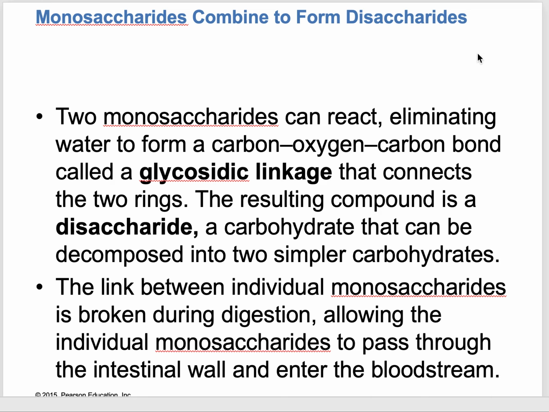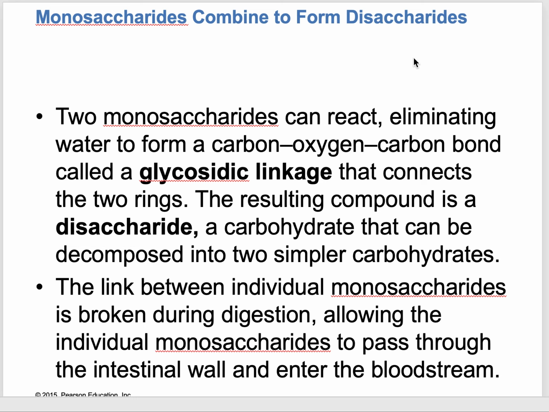All right. Now, usually in daily diet, we don't see monosaccharides. We see a combination of two monosaccharides, two simple sugars combined together to form what we call a disaccharide.